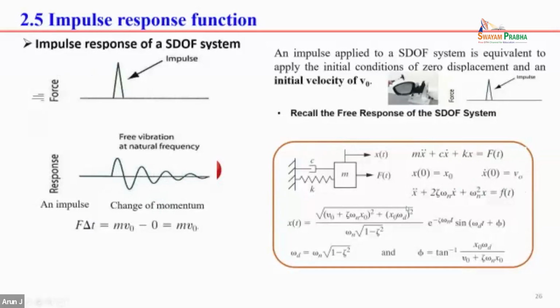You can solve the impulse response using the equation we learned yesterday. We give an initial velocity and initial position, and you can solve that. So for a vibration system, you give the impulse force, and that is the response.